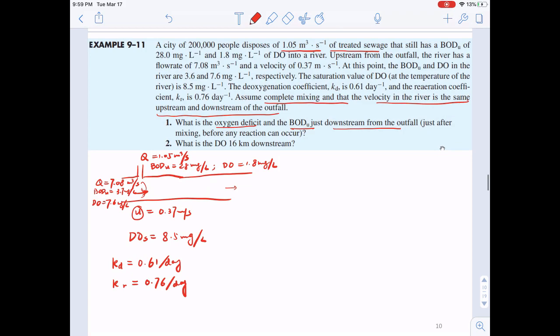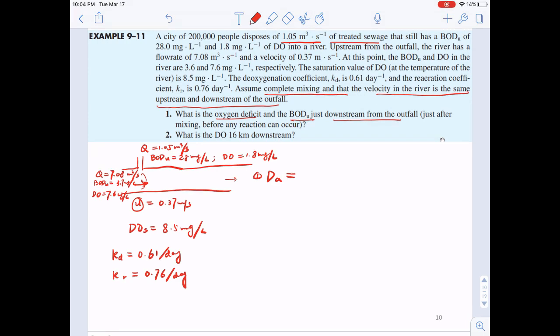So the first parameter, D_A, is calculated by D_OS minus (Q_W D_OW plus Q_R D_OR) divided by (Q_W plus Q_R).